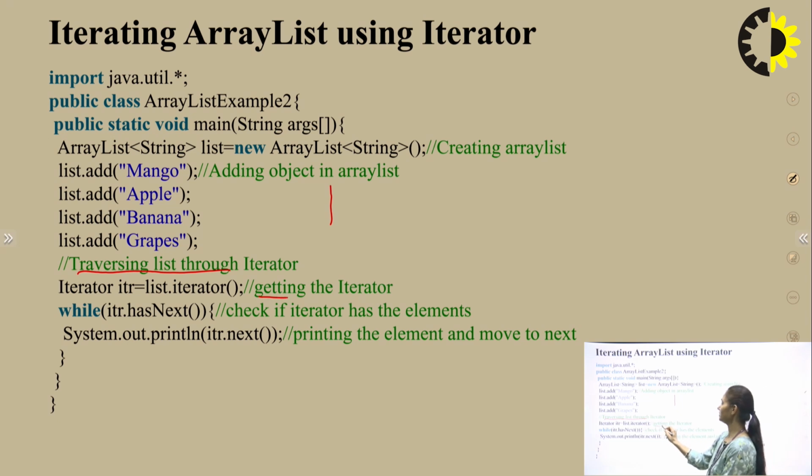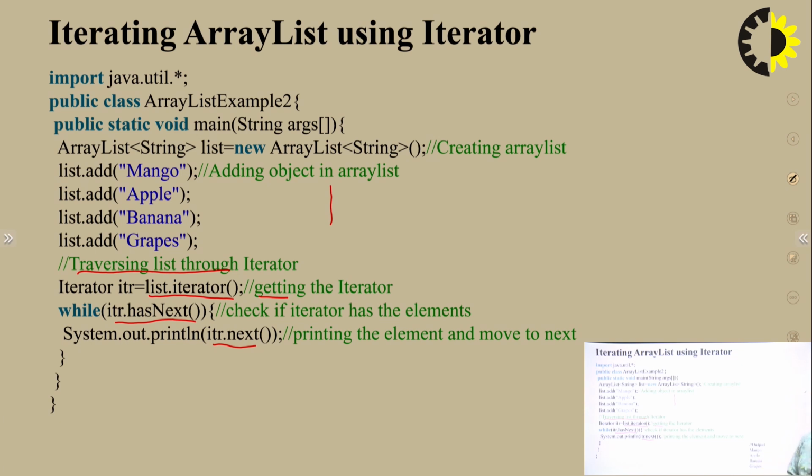For getting the iterator, you use list.iterator, a method by which you can create this iterator. Okay. So in this while loop that you have taken, you are going to use the hasNext method. hasNext will check, one by one, whether the iterator has the element present inside of your list, and this sout statement will consist of the method itr.next. So you are printing the element and moving to the next.